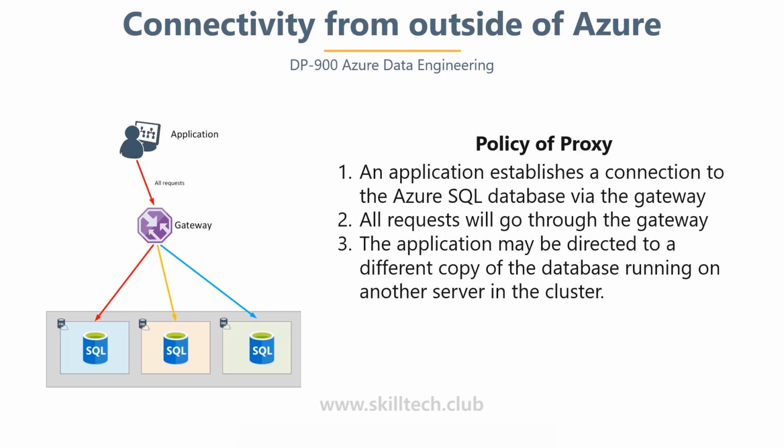Why this? Well, because of the security of Azure. Every time a request is coming from outside Azure, you have to go through the gateway so that it can make sure that only valid requests are going to be allowed for the database connection. The application may be redirected to a different copy of the database running on another server.